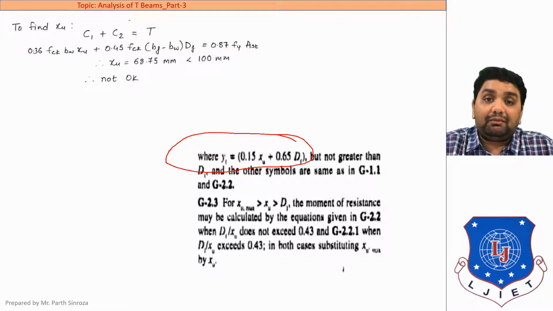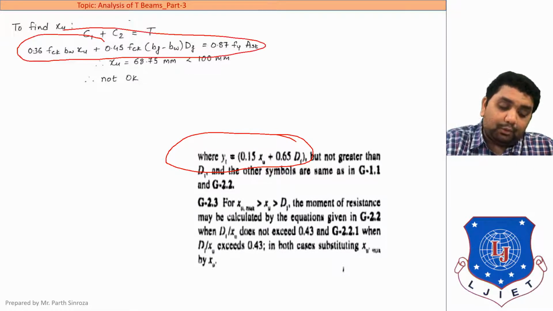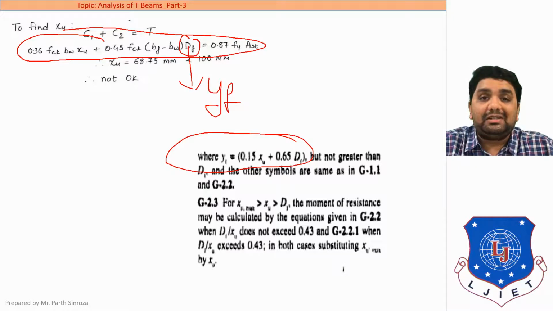Whenever the depth of flange is not satisfying the equation that we have seen, we will always use the term YF in the equations. So we will be using the same equation to find XU, but now the term DF will be substituted by YF. This will be our major change.